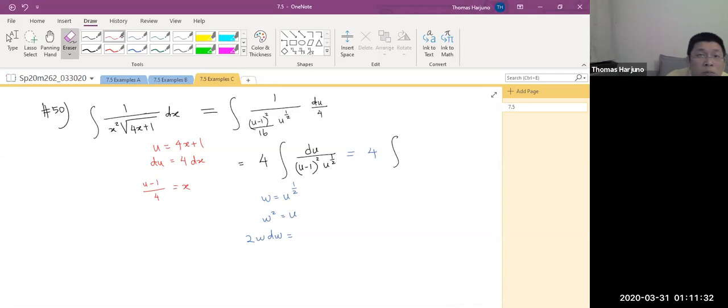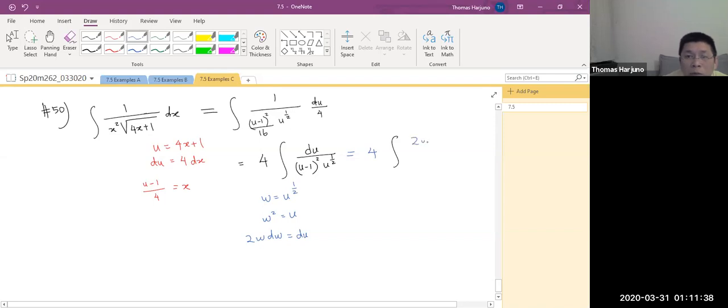That should be du. So my du is 2w dw. And then at the bottom, I will get w squared minus 1 times w. Oh, the w cancels. So I get 8 times the integral of dw over w squared minus 1.